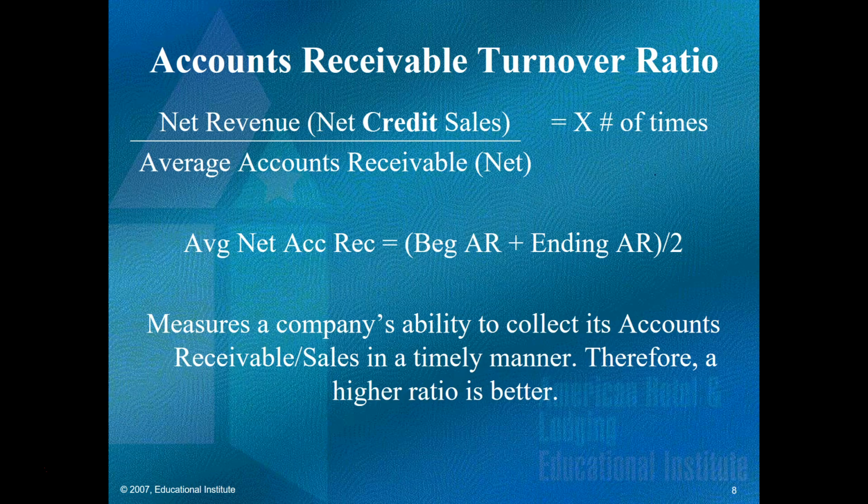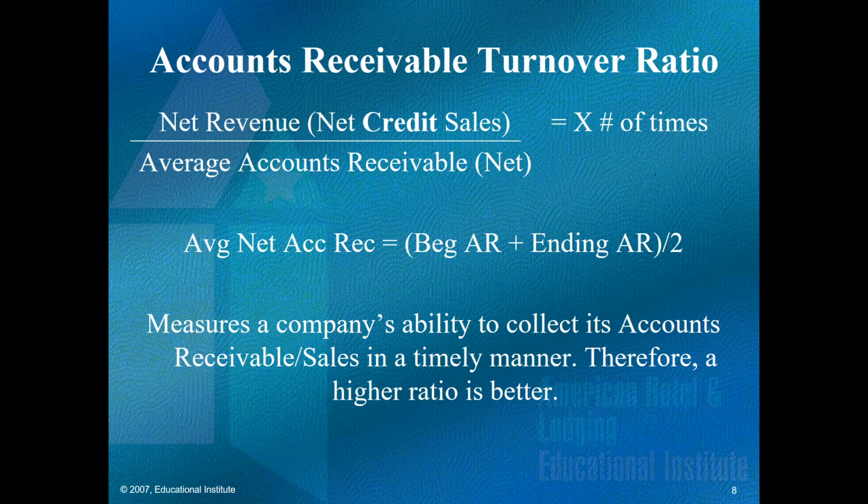What that's saying is that on a ratio of 12, we're essentially collecting once a month, right? We collected 12 times during the year. If we had an accounts receivable turnover ratio of 52, how often do you think we're collecting?